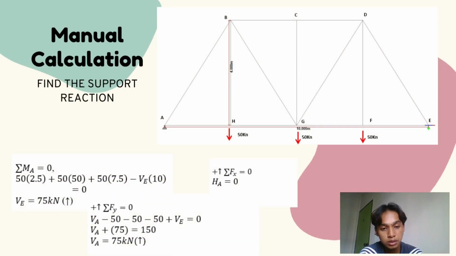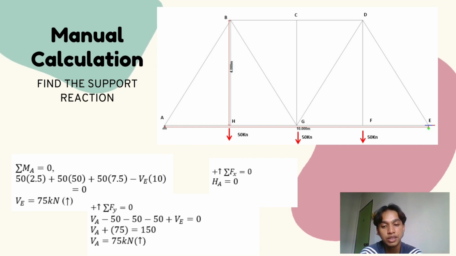We continue the manual calculation by finding the support reactions. First of all, we look at point A and take the summation of moment at A to find the value of VE. After calculating, we find that VE is 75 kN upward. After that, we continue by finding the vertical reaction using the summation of Fy equal to 0.